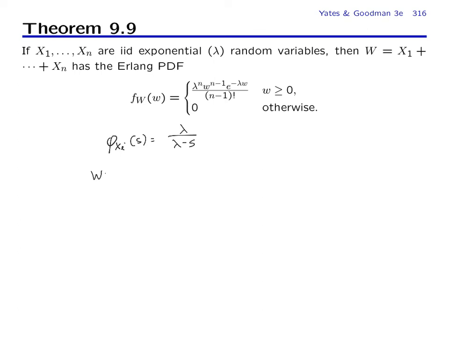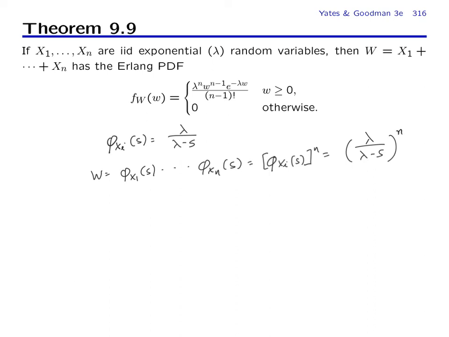And now W, which is the IID sum, is going to be phi x1 of s times through phi xn of s. And since all these moment generating functions are the same, this is phi xi of s raised to the power n. In other words, it's lambda over lambda minus s raised to the power n.